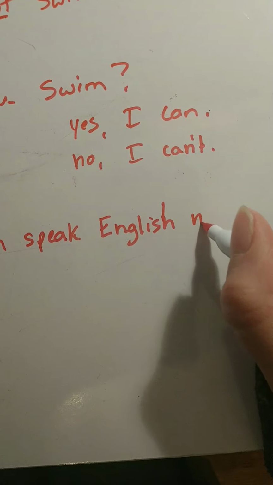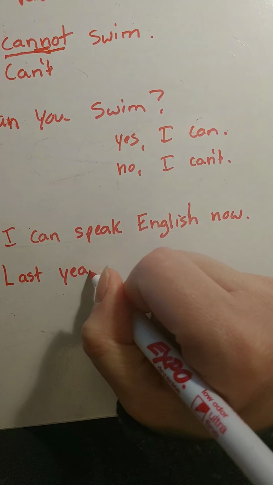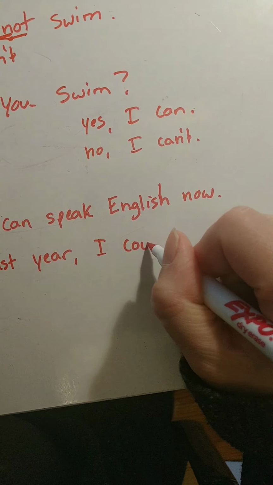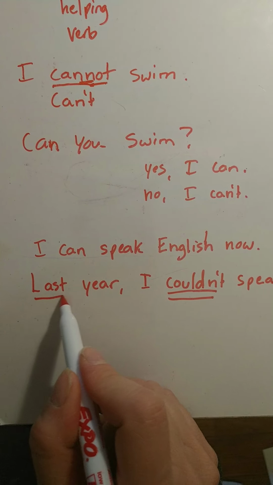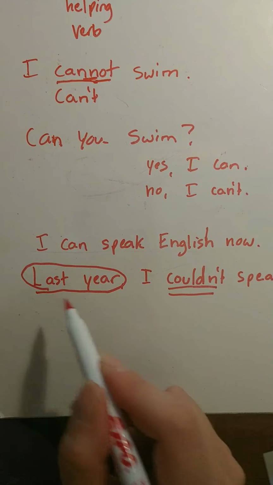All right, last year I couldn't speak English. So the couldn't here is the past form. We're talking about last year, 1 year ago. So couldn't represents the past form.